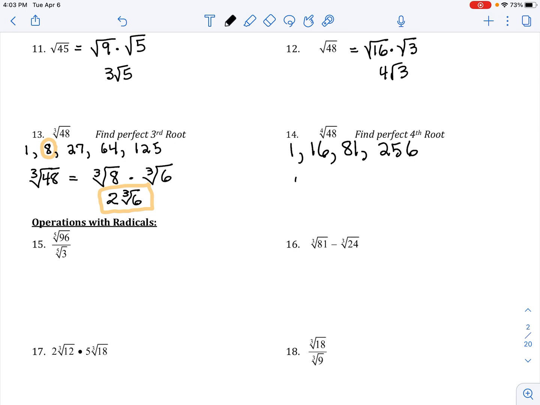And so what we're going to do is factor the fourth root of 48. Notice it's the same number as in number 13, but we're looking for a perfect fourth root. So we see that 16 divides into 48 3 times.